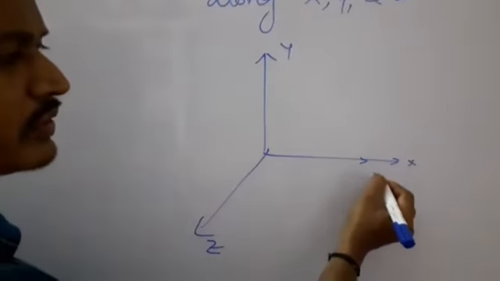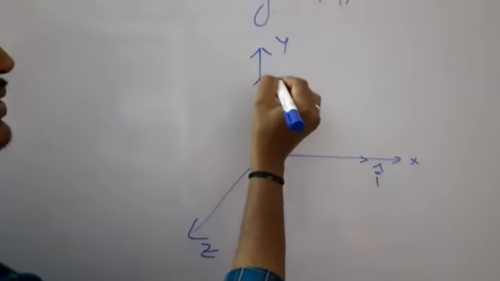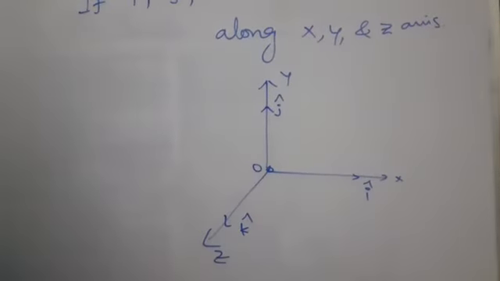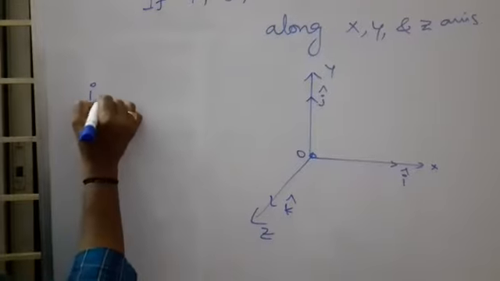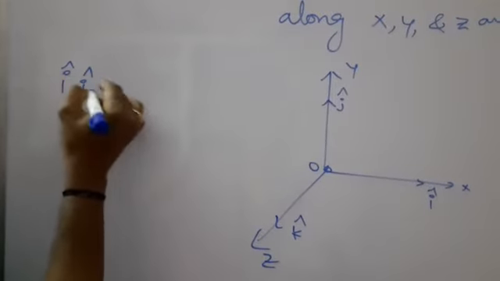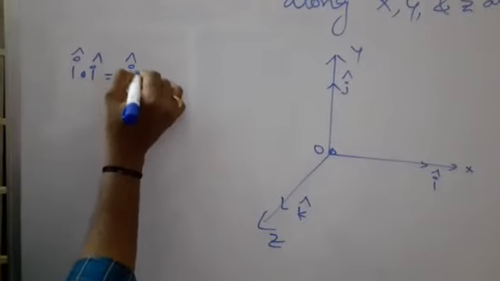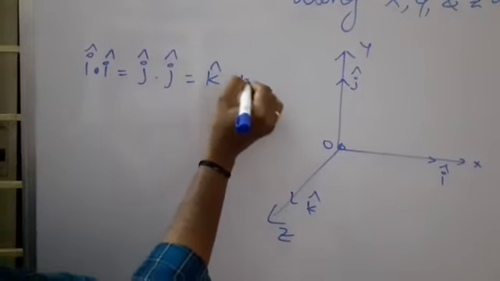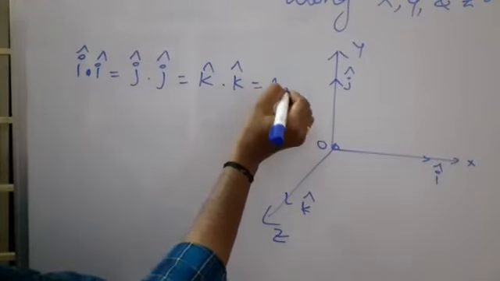I is the unit vector along the x direction, j is the unit vector along y, k is the unit vector along z. So the dot product I cap dot I cap is equal to j dot j, which is equal to k dot k, which is equal to 1.